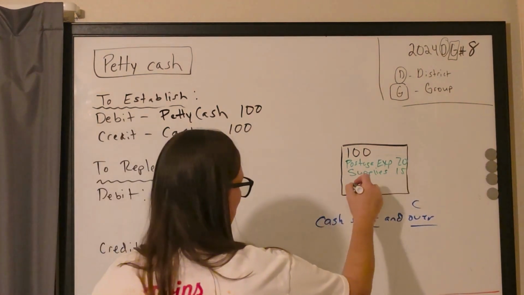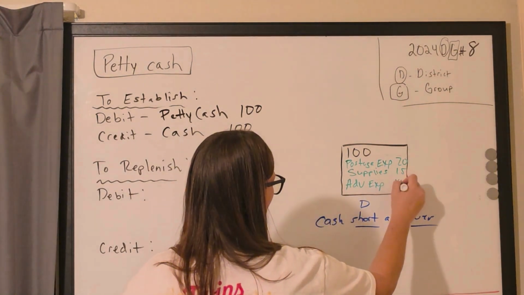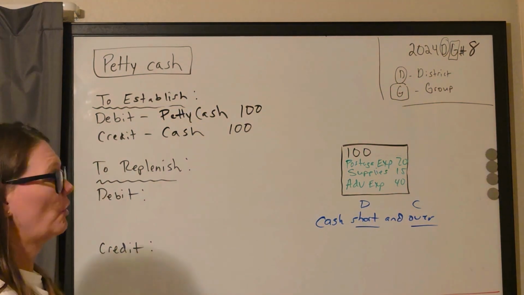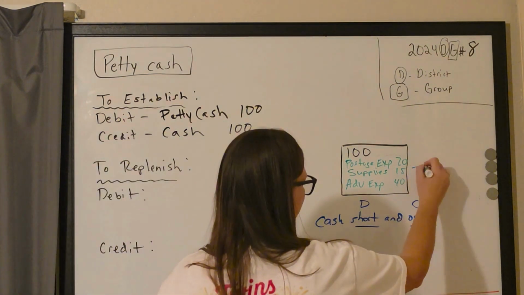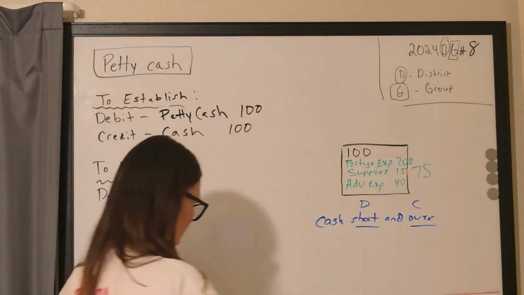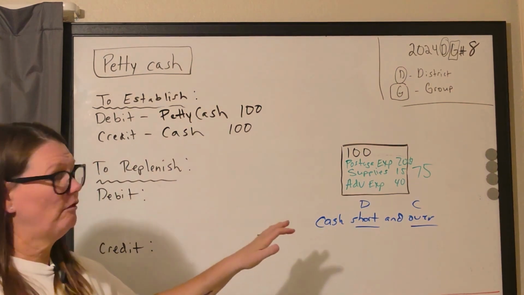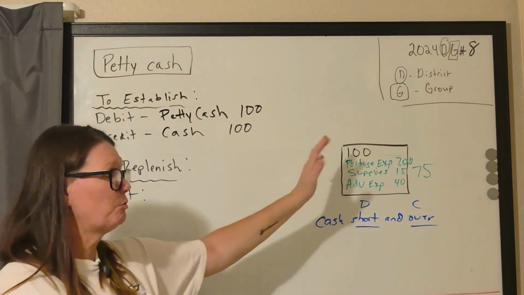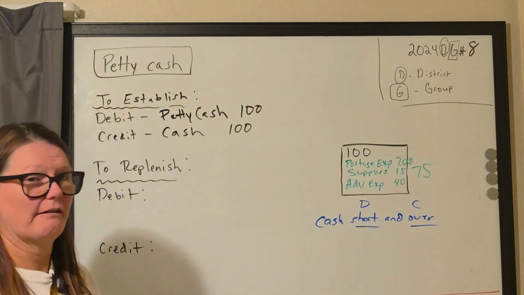And then let's say we spend $40 on an advertising expense. So the total amount we spent that month was $75. Now, when we go count how much should be left in the petty cash fund, it should be $25. 100 minus 75.